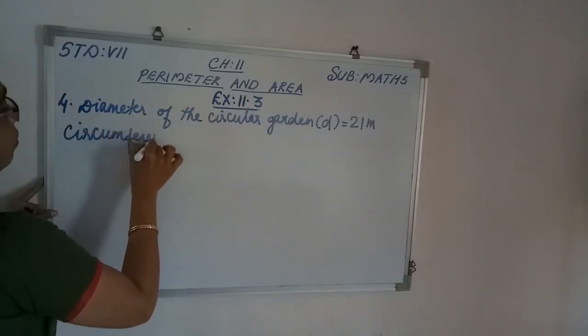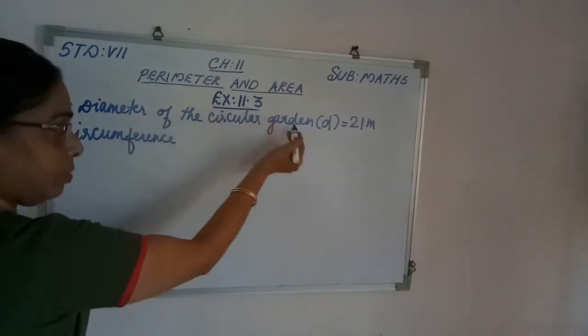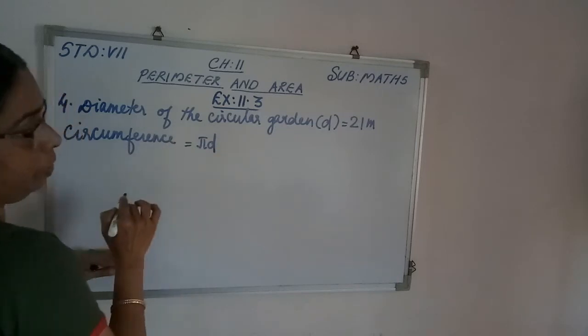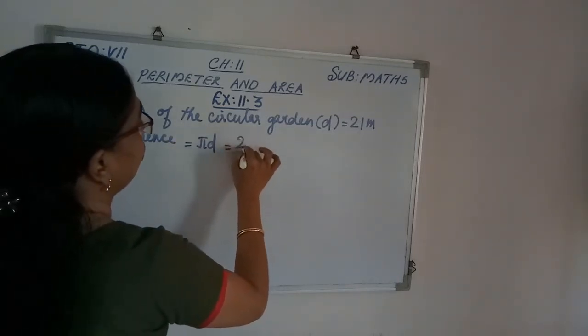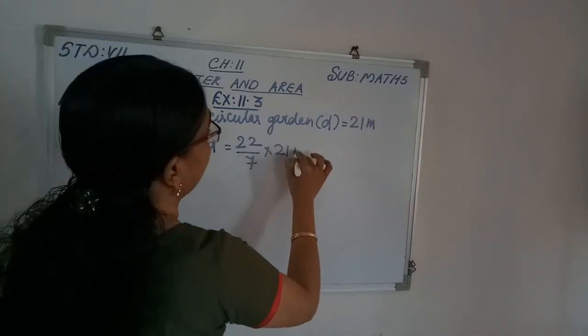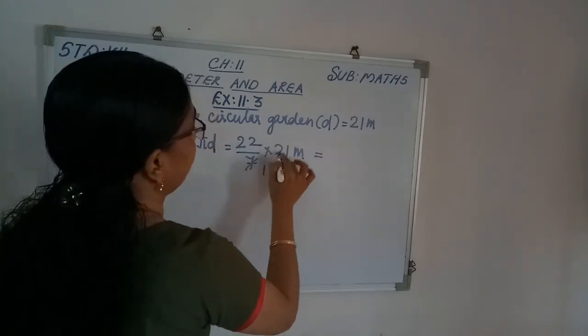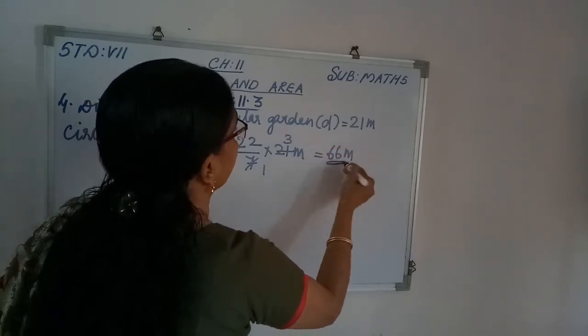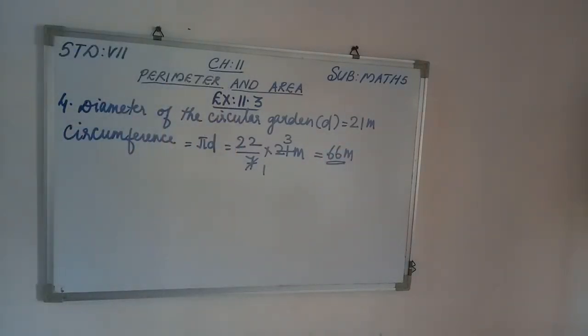Circumference of the circular garden is equal to pi into d. Okay, that's equal to 22 upon 7 multiplied by 21 meter. That's equal to 66 meter. 66 meter is the circumference of the circular garden.